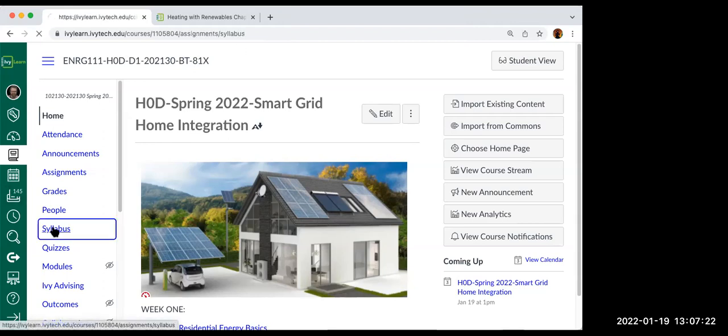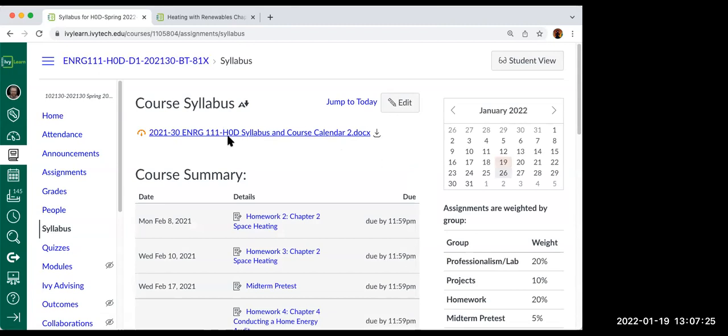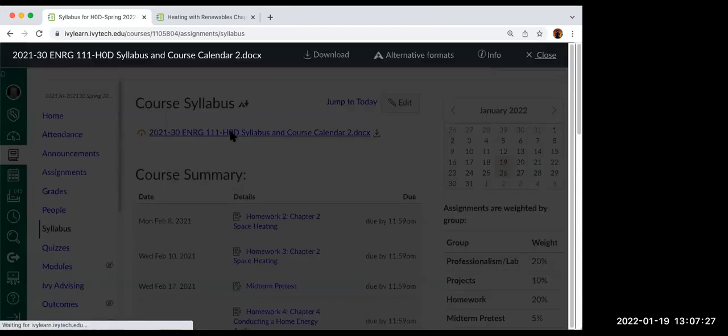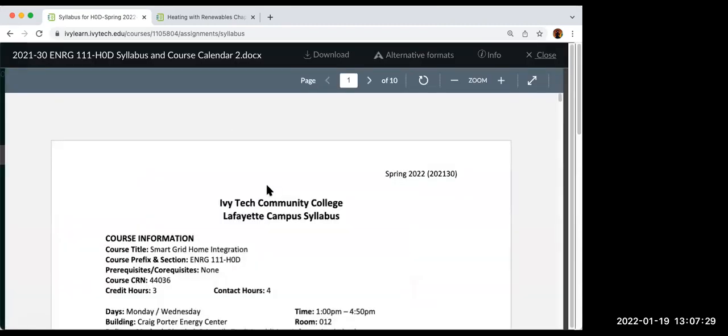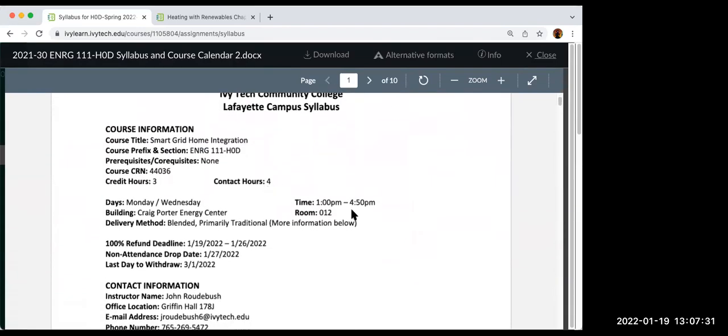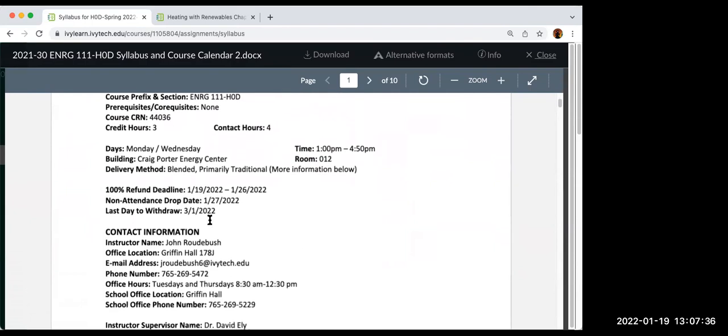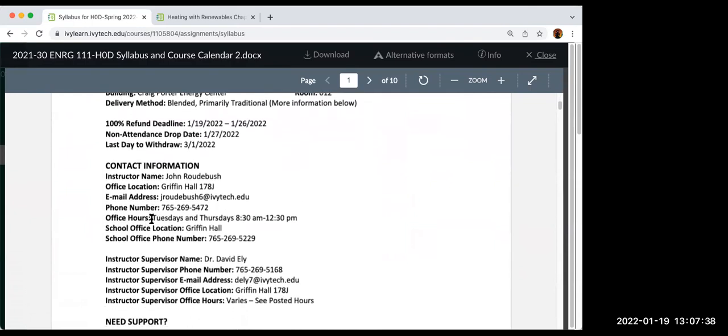So if we click right here, we can click on our syllabus. We can see all the basic information that you need to see: when this class is and when my office hours are.